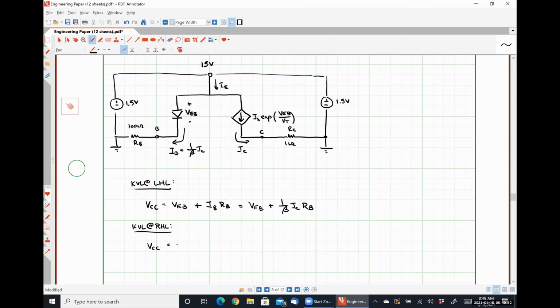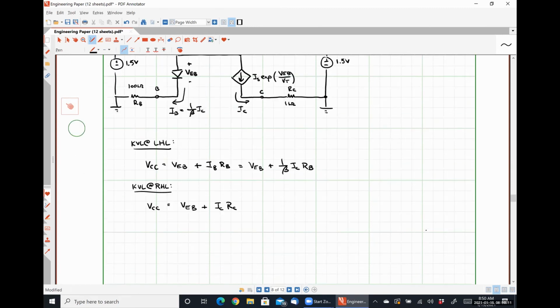All right, so VCC, KVL around my right-hand loop, gives me VEB plus IC times RC, which I can rewrite. Actually, I don't even need to rewrite it from there.